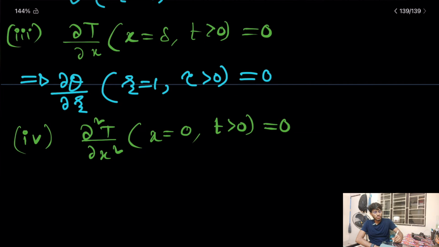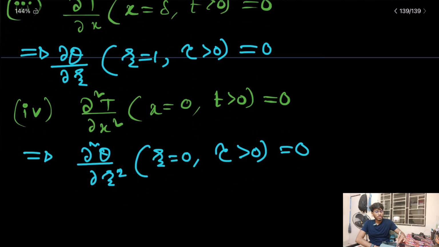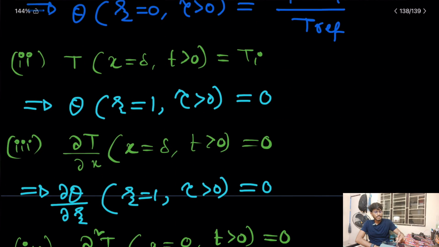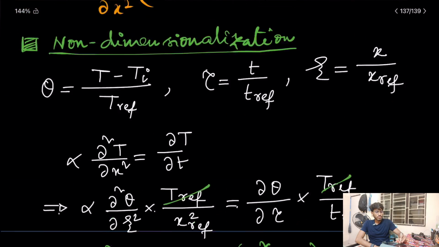That will boil down to this at xi equal to 0 and tau greater than 0 is equal to 0. And one more boundary condition I had, right? What was that?